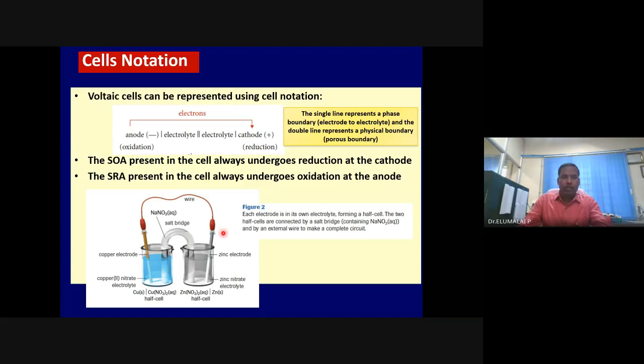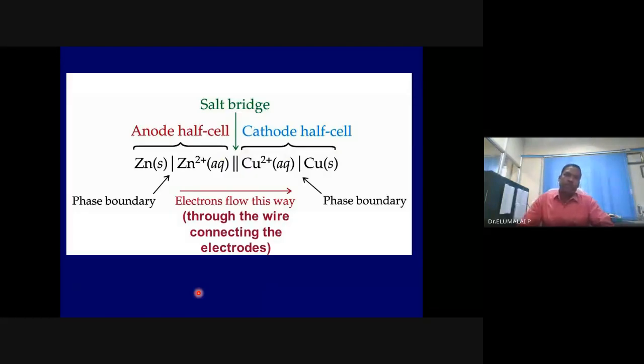Okay. So for example, this is a typical electrochemical cell. Copper is in contact with the copper salt. Zinc is in contact with the zinc salt. Okay, so schematic view, and they can be represented using such cell notation. Zinc in contact with the zinc ion, copper is in contact with the copper ion, and they are separated with a separator.